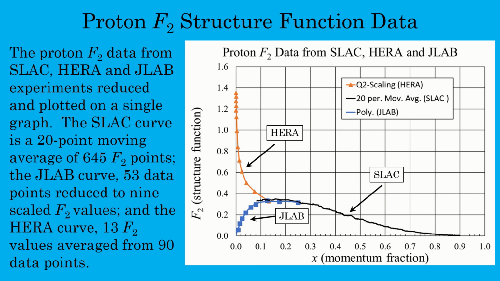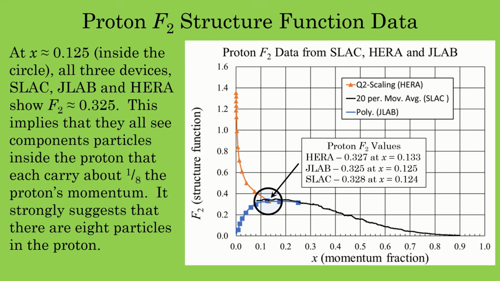In this graph, 645 SLAC F2 values are smoothed using a 20-point moving average as a function of x, and the JLab F2 values are fit with a fourth-order polynomial. The graph shows that at about x equals 0.125, all 3 devices see essentially the same F2 value. They all see a proton component particle with about 1/8 the proton's momentum. But as x approaches 0, the HERA F2 curve rises sharply.